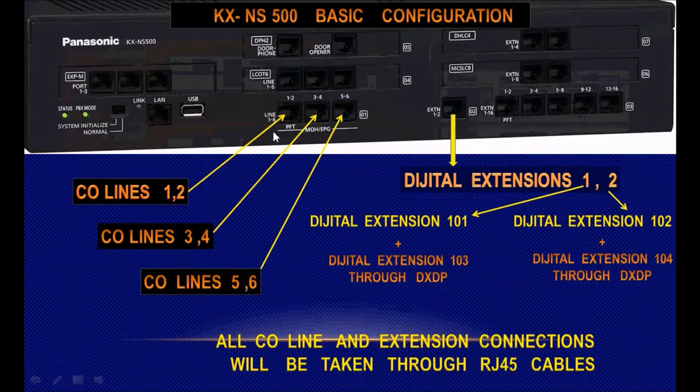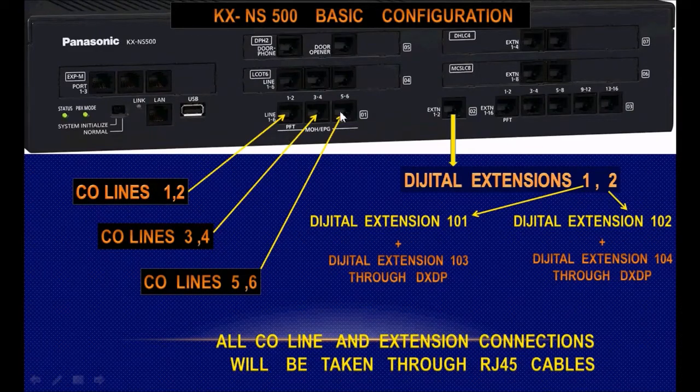We explained that the main unit comes with 6 analog CO line interfaces, initially equipped with the main unit.